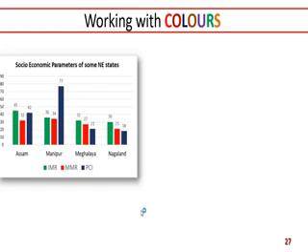Now, while presenting data in PowerPoint through graphs, a question often asked is whether we should use color or not. Definitely in graphs, color should be used, and all the accessories of the graph, whatever is available, should be provided to make the graph more explanatory.